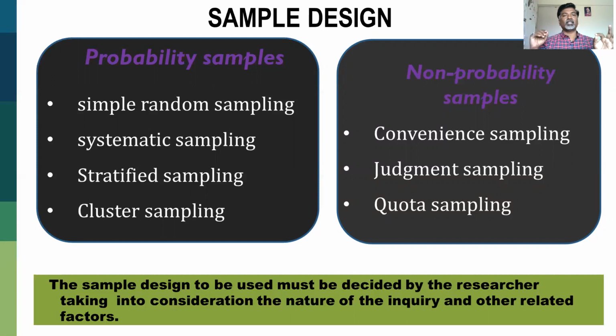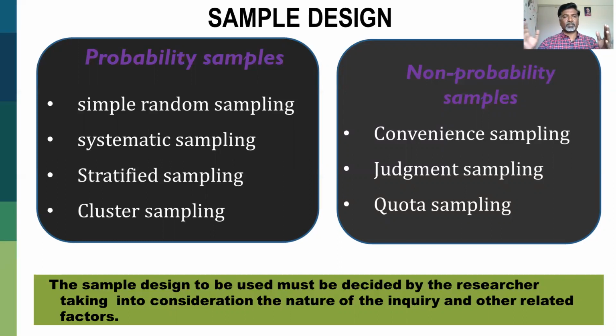The first method is simple random sampling. It's also called the lottery method. From the population, we randomly select respondents. All members have equal probability of getting selected. Then the second one, systematic sampling.